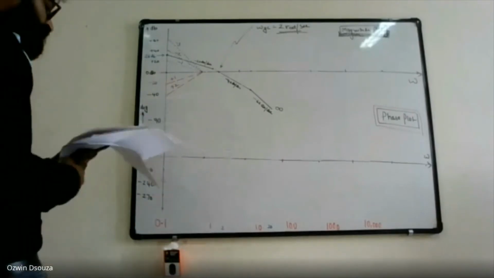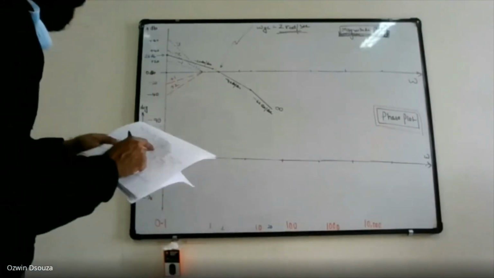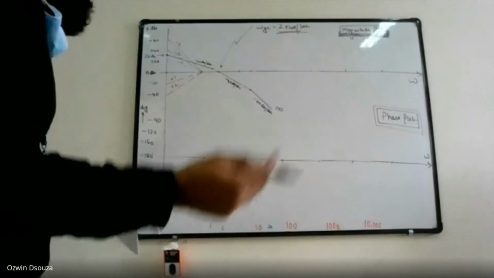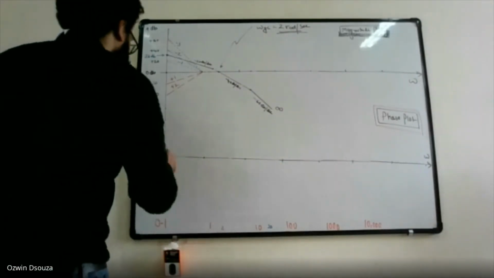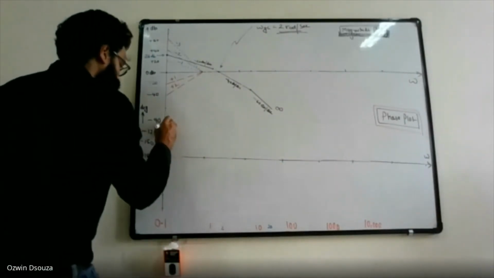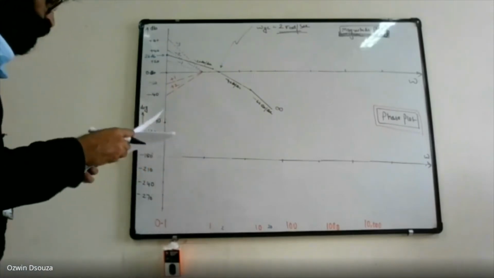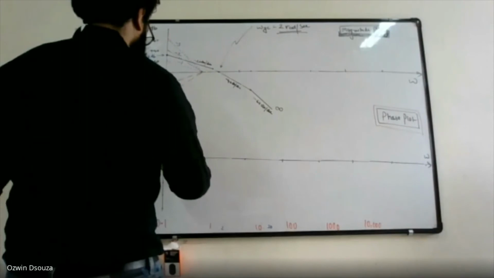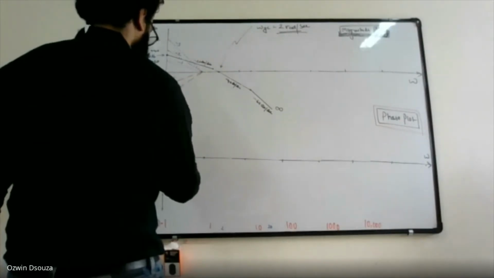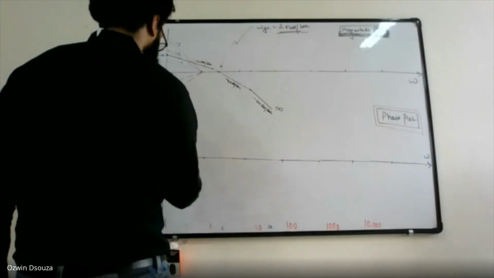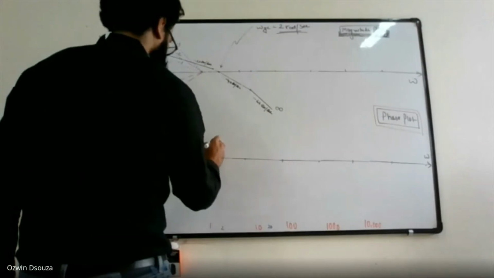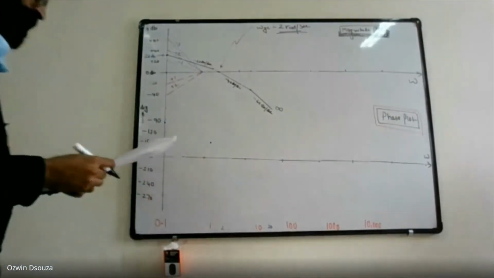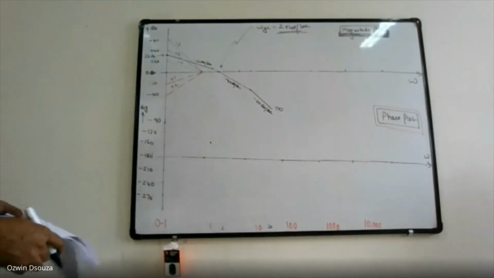So at 0.1 radian per second, the angle is minus 93. You can refer to the phase chart. So minus 93 is somewhere here. And then at 2, it is minus 140. So 2 is here. And minus 140 is somewhere here. Okay, and then at 4, minus 164.